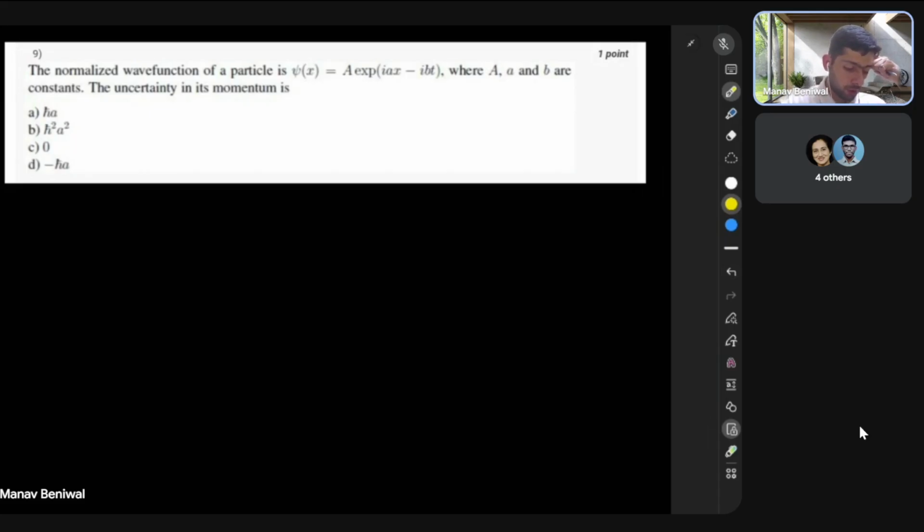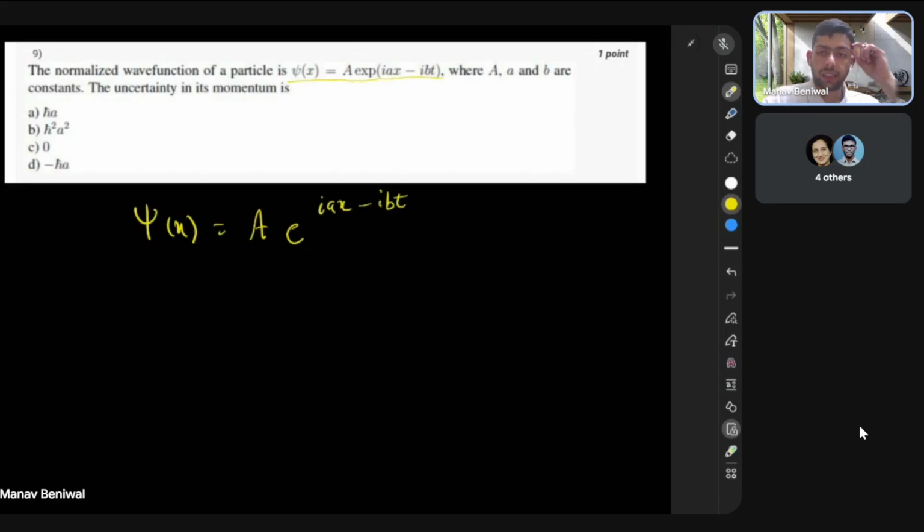Okay, so we have uncertainty in momentum. So this is our normalized wave function, psi of x, A times exponential iota ax minus iota bt.